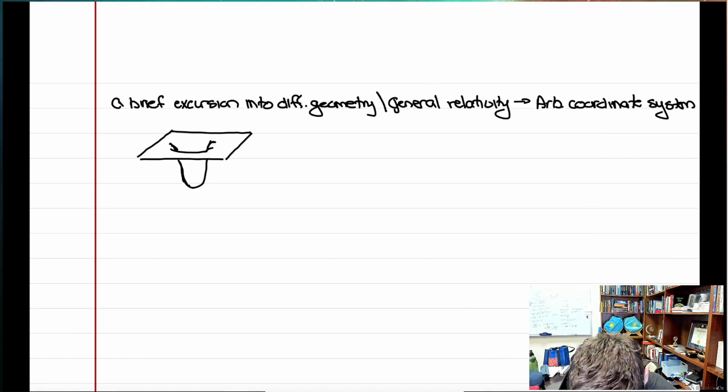where if you were to lay down a grid of what this looked like, right, out here, the grid is flat. It might look Cartesian-like when you're far away from the black hole. But near the black hole, the curvature of space starts to become more distorted, so the grid cells might not look like nice little Cartesian squares.